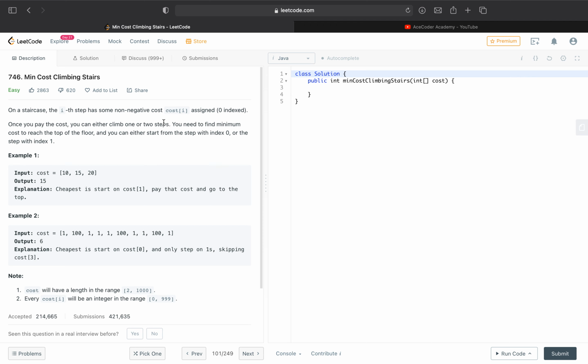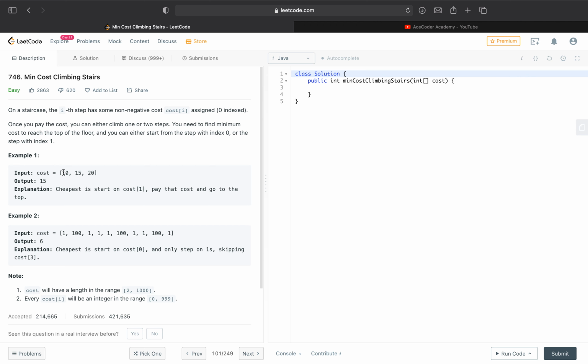You need to find the minimum cost to reach the top of the floor, and you can either start from the step with index 0 or with index 1. I hope the problem is clear. If you have difficulty understanding the problem, you can pause the video and give it one more shot.